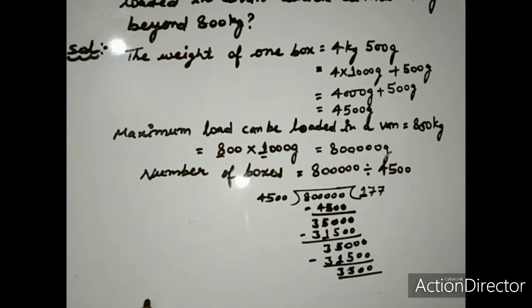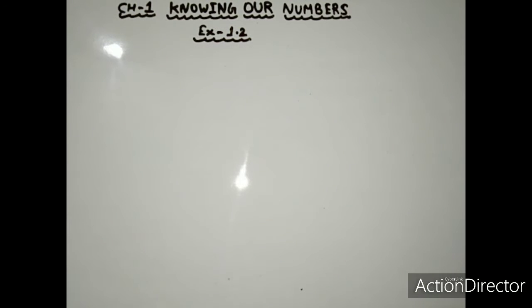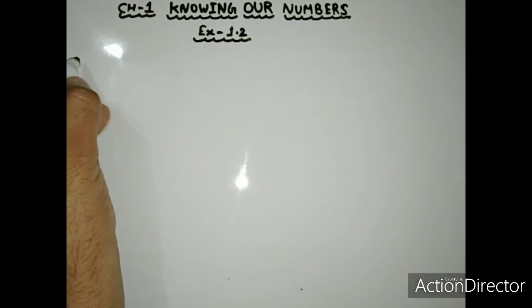So here we write, therefore 177 boxes can be loaded. So the total number of boxes loaded in a van, 177. Here we solve the next question, question number 11.